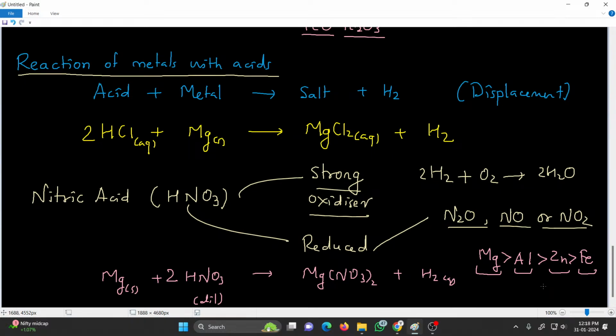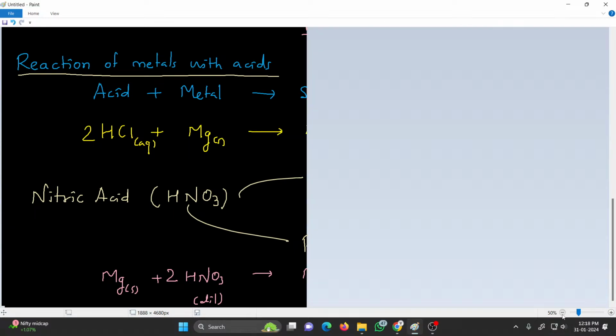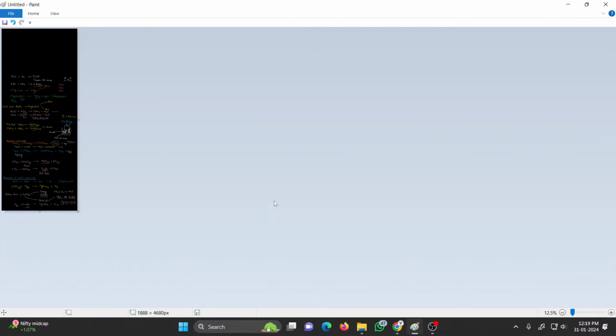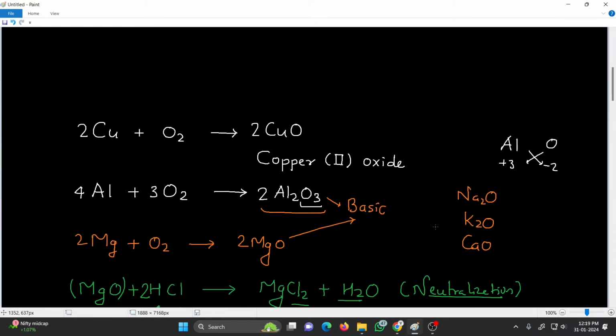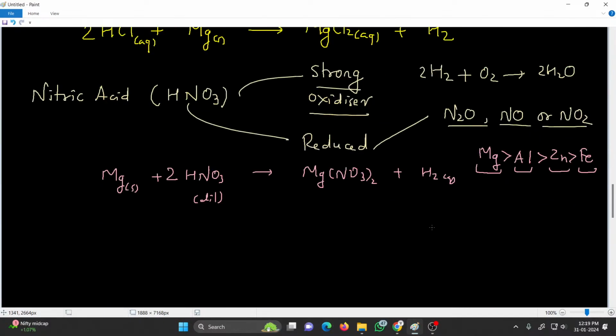Magnesium shows the highest reactivity among magnesium, aluminium, zinc and iron, followed by aluminium, zinc and iron. So these are the three reactions that we have seen: first the reaction with air, that is oxygen, then reaction with water, and finally reaction with acid.